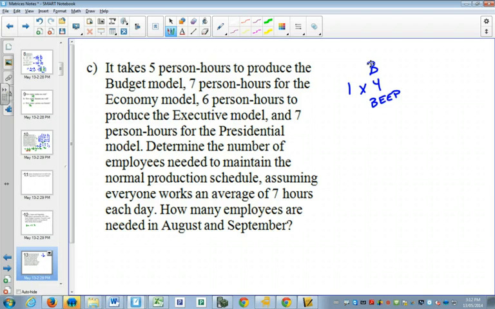And that 4, where the budget, economy, executive, presidential was, was in the columns. So when we make our new matrix here for hours, what letter are we on? E already? Where we have budget, economy, executive, presidential. And of course, yours will be just flipped the other way. And this is hours.